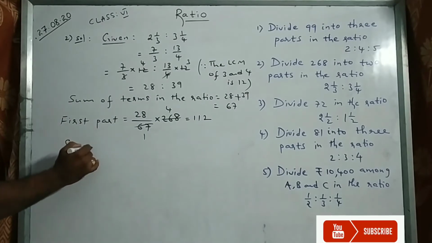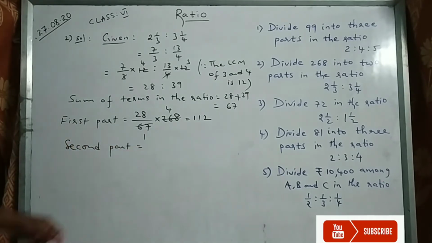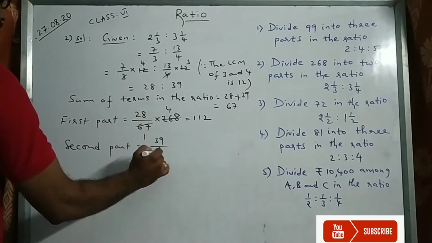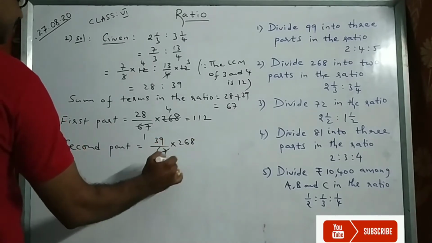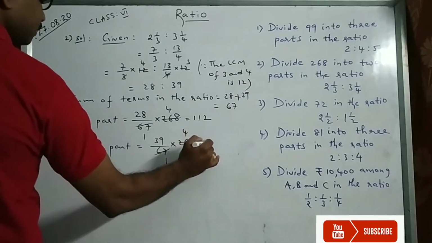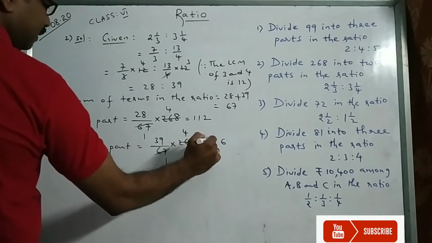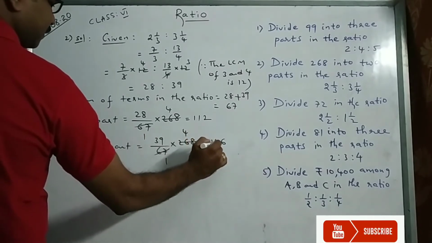Second part means what is the second number in the ratio? 39 upon 67 into 268. 67 ones, 67 fours. 4 9s are 36, 4 3s are 12 plus 3, 15.